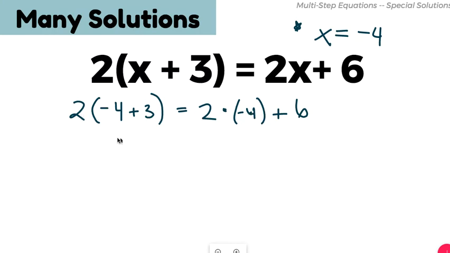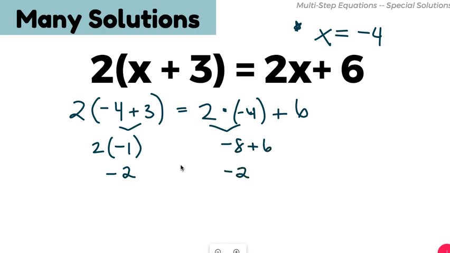I'm going to simplify the left-hand side. In my parentheses, I get -1. You could have distributed the 2. That's more work than you have to do, though. So I get -2 on the left-hand side. On the right, I'm going to multiply first. -8 plus 6 is -2.